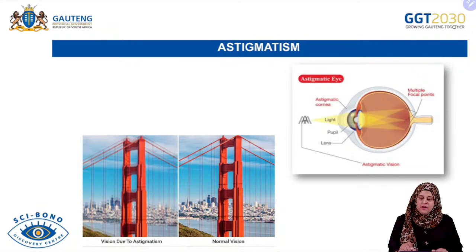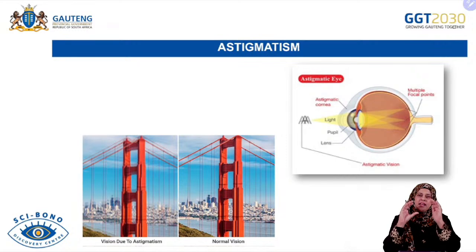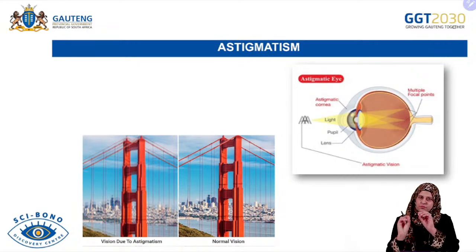Light is passing through, but because the cornea is irregular, it is not creating one clear focus onto the retina. It's creating many focus points, and that's what causes a blurred image to form, right? As it says here, multiple focal points, and a blurred image forms, so you can't really see clearly.